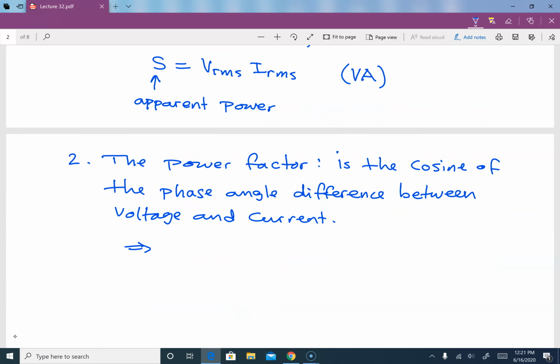That means our power factor is equal to cosine of theta V minus theta I. So this over here, power factor.